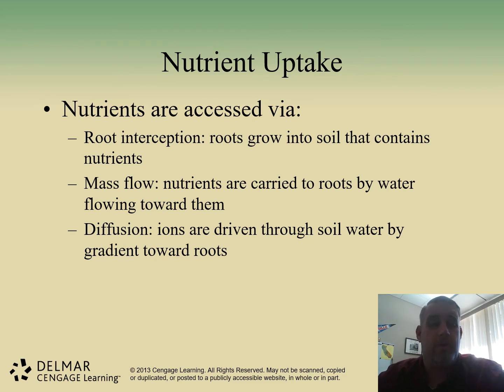Okay, nutrient uptake is done very similarly to water uptake within a plant, and this is all done through osmosis. So you have root interception. That's where roots grow into the soil area that contains the nutrients. Then you have something called mass flow, and these nutrients are carried to the roots by water flowing toward them. So this is almost a magnetic reaction where the water flows or is carried towards the roots.